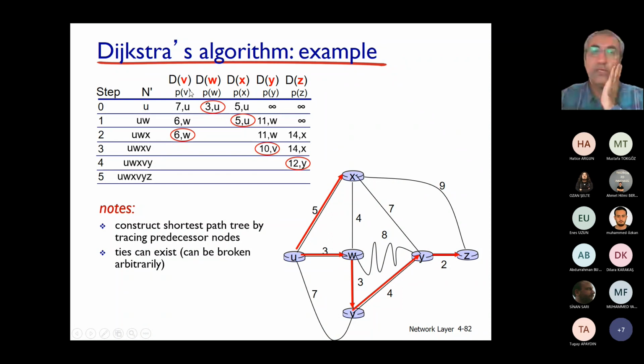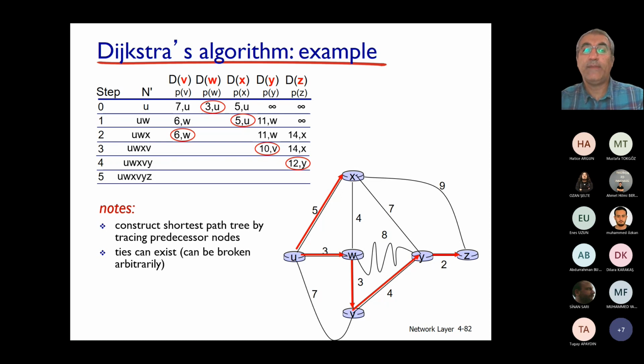The source was U, that's why the predecessor was W. So we draw a line from U to W, and also a line between U and X, and then from W we have V, and from V to Y, Y to Z. So we trace the predecessor nodes to construct the shortest path, as you see.